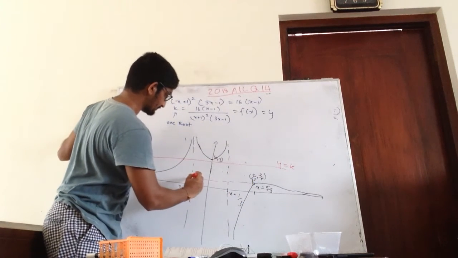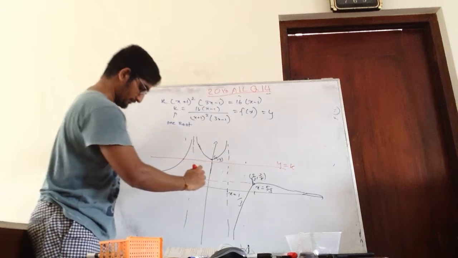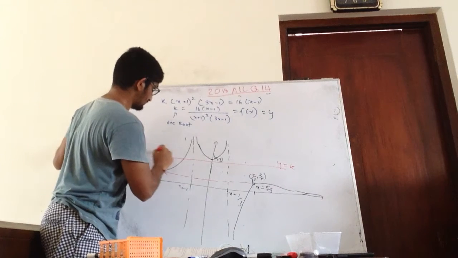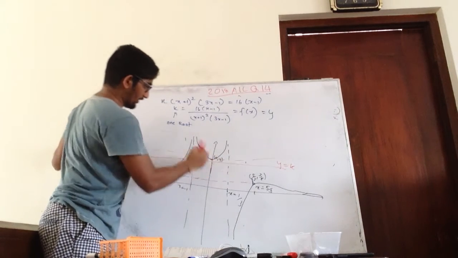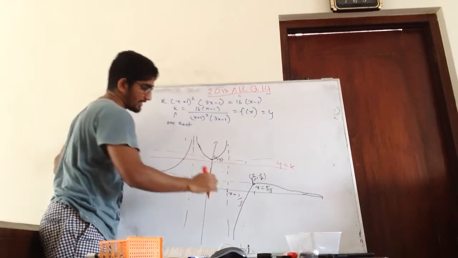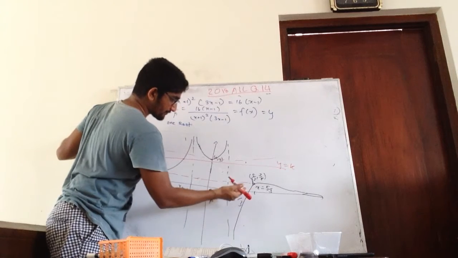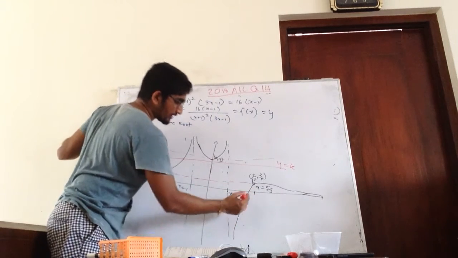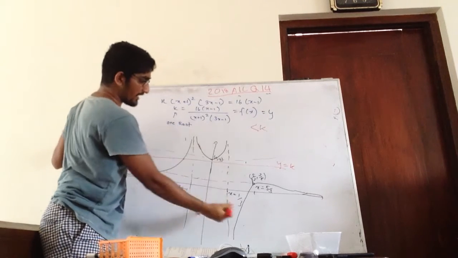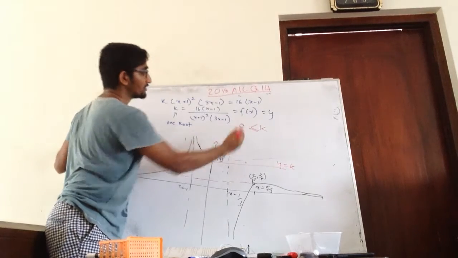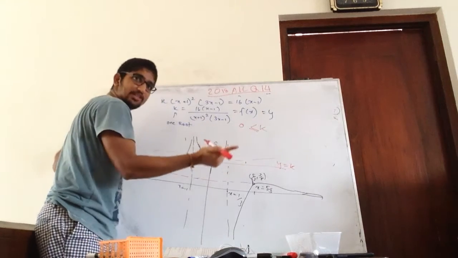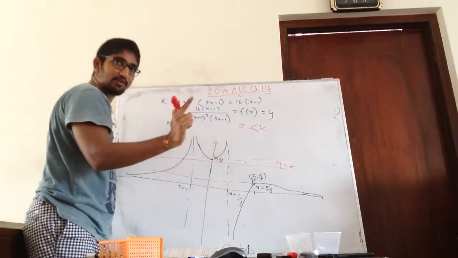between here. So here during this it has only one value. Again after this, after here also it has only one value. So basically the range will be k should be less than or equal to 0, because even at 0, this is basically y equals 0, and below you will have only one solution.